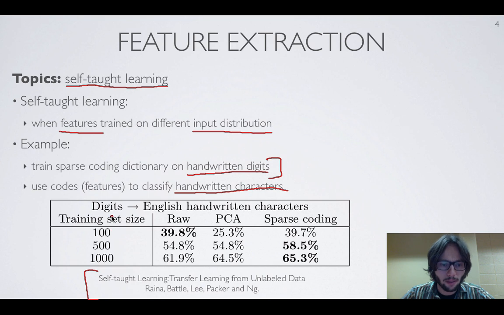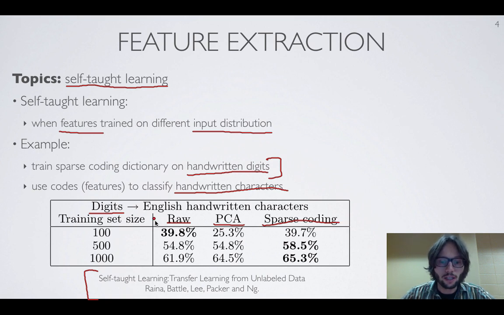So in this experiment, they did exactly what I described. They took a lot of unlabeled handwritten digit characters, and they either did nothing with it, so they didn't use it to extract a feature representation, or they trained a linear PCA representation from the digits data, or they trained a sparse coding representation, so they trained a dictionary matrix from which they could extract a sparse representation.